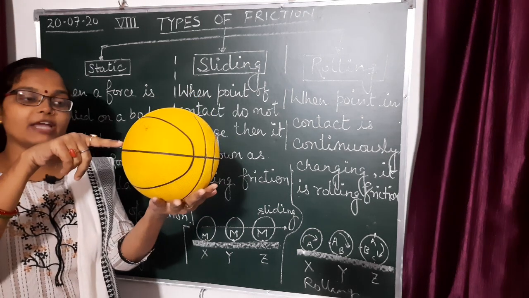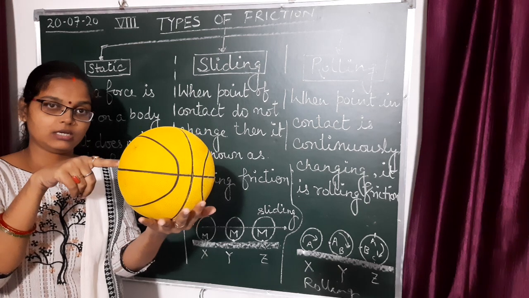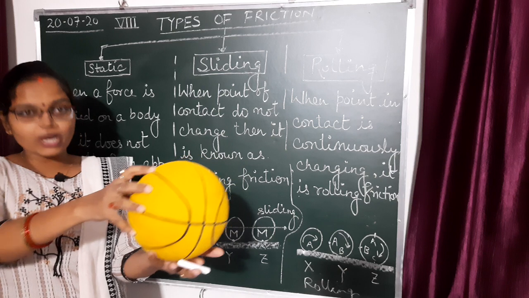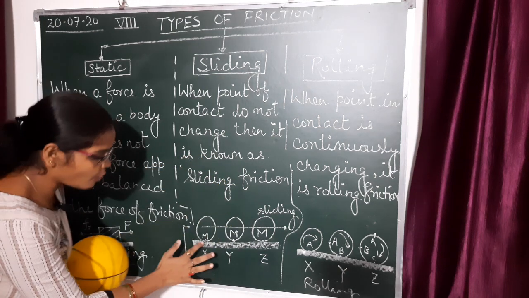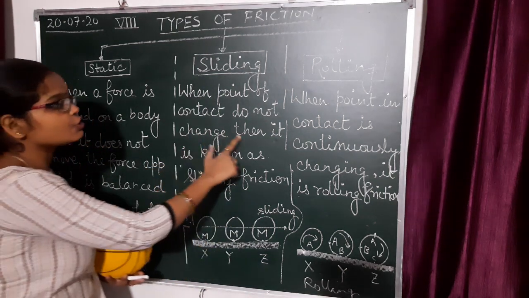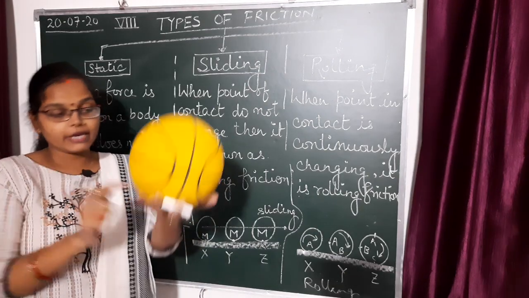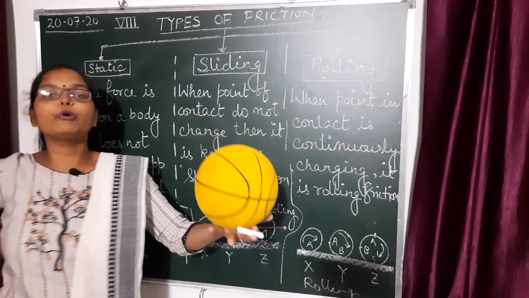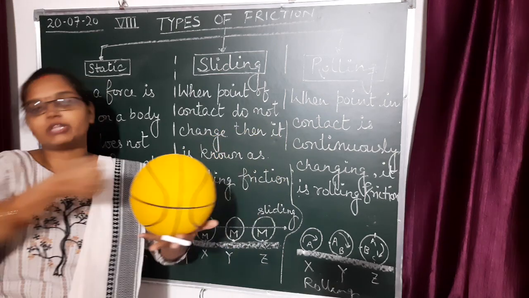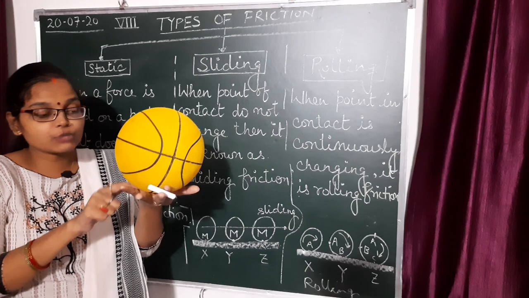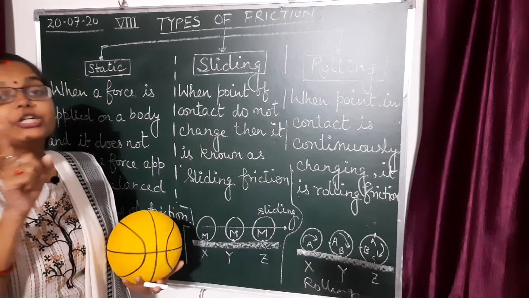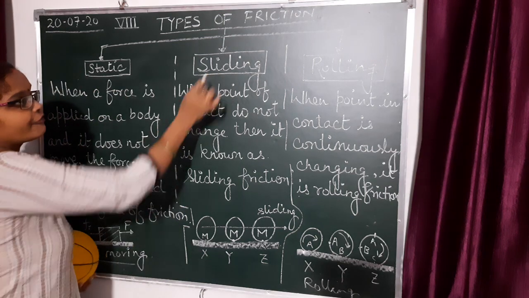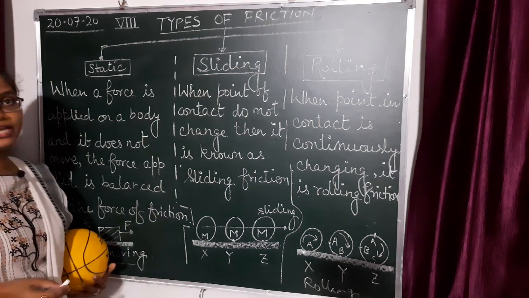Now I am applying force on this, or I am just pulling it, but if the point of contact does not change, if I just slide it or pull it with the help of a rope or something, but its point of contact does not change, then that type of friction is known as sliding friction.